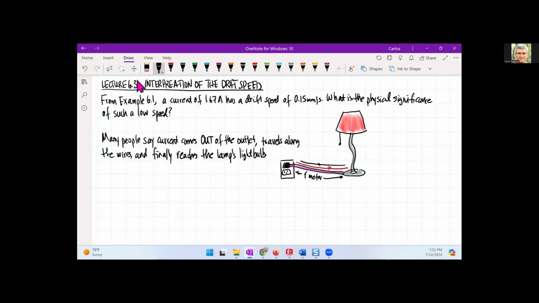Right? So the outlet spews out current, charge. The charge goes along the wire. It then goes in and it lights up the bulb.